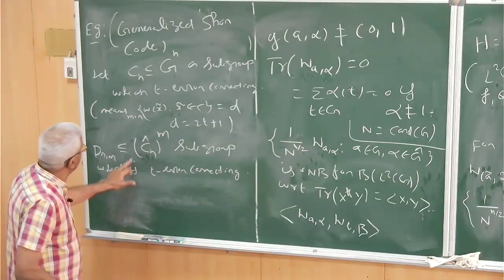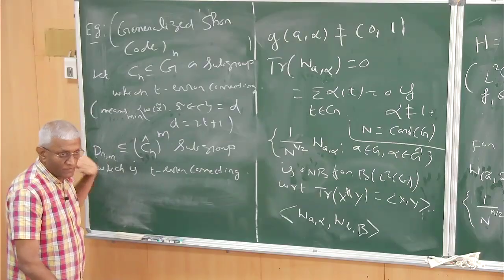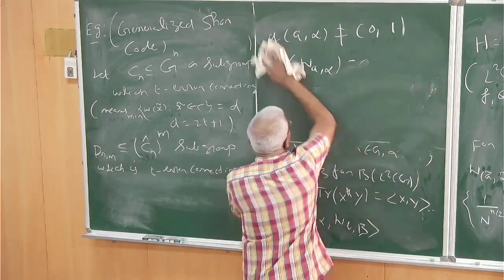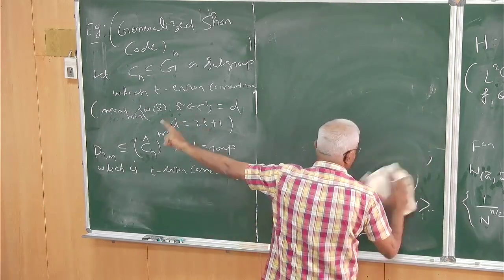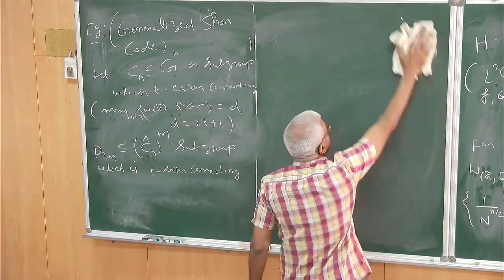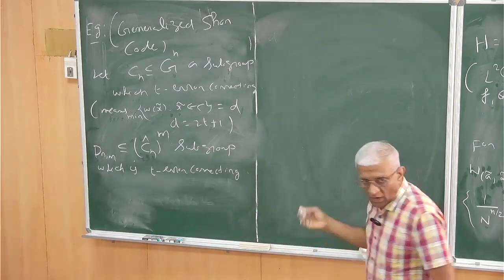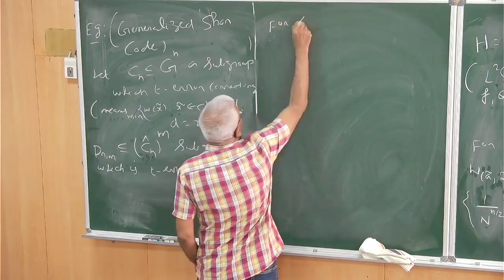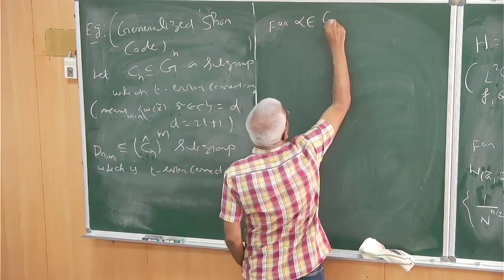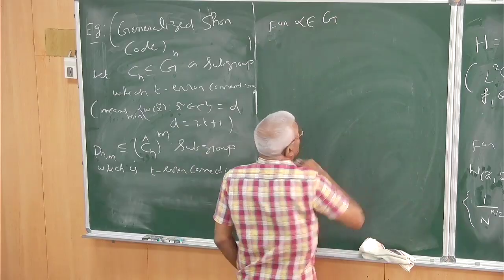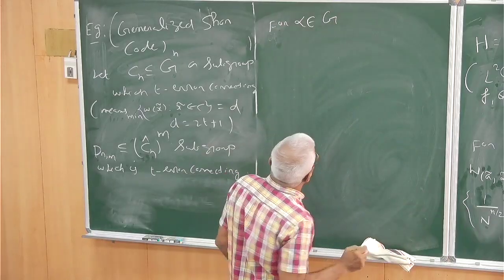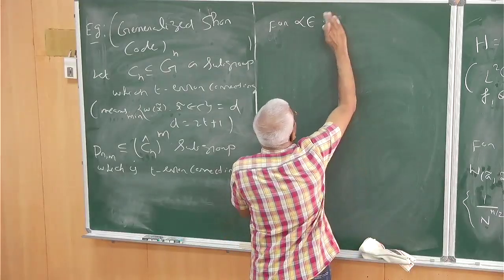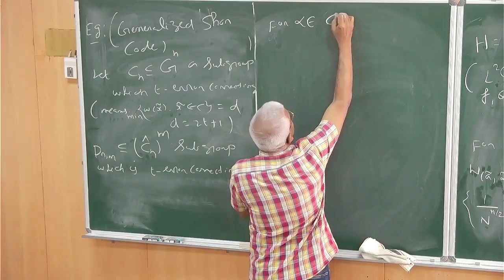So we have this information, Cn and Dn, which we have. Now we want to define our coding space in L2G. These are all classical ones. We are taking classical ones. We want to define the quantum thing. Now we will define for alpha in Cn hat, or Gn hat you can take.